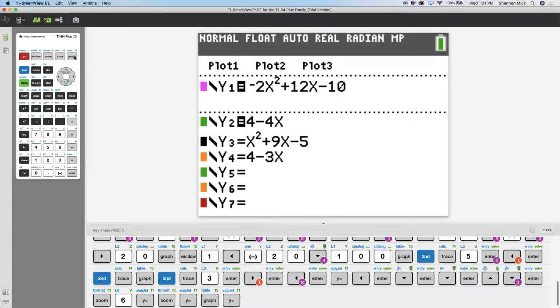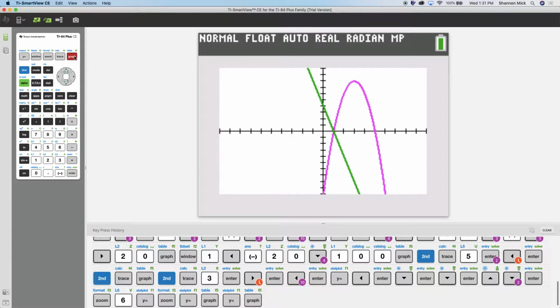Okay, so now does everyone have this picture? No. Mine isn't. What's inside? Did you hit zoom 6 before you graphed it? Yeah. Okay. You have negative 2x squared plus 12x minus 10 and 4 minus 4x.